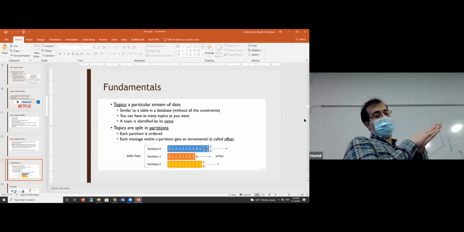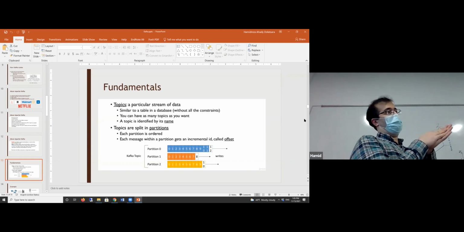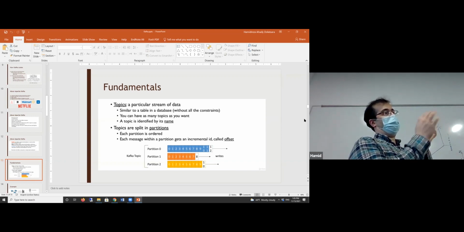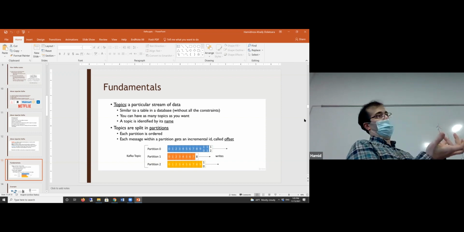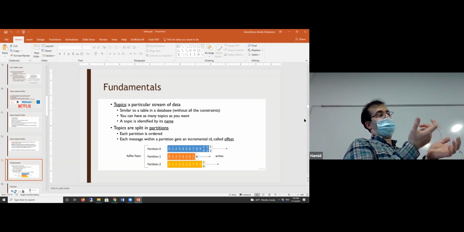The same happens here. If you don't identify your partition ID when you do streaming, your stream might go to random partitions. So when you want to do streaming, you need to identify the partition ID, or you can consider it a channel. I think if I say channel, it makes more sense. You need to specify the channel that you want to stream to.